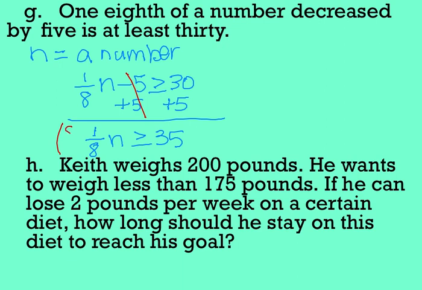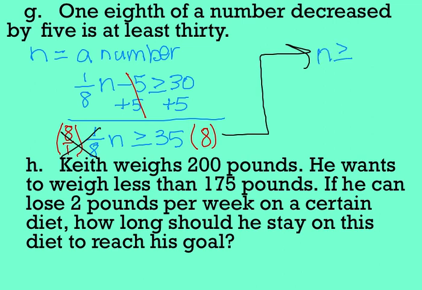So I'm going to be multiplying by 8 over 1 on both sides, which 8 over 1 is technically just 8. So when I do that, over here on the left, these will cancel, meaning that I'm left with just n is greater than or equal to 35 times 8, which is going to give you 280.